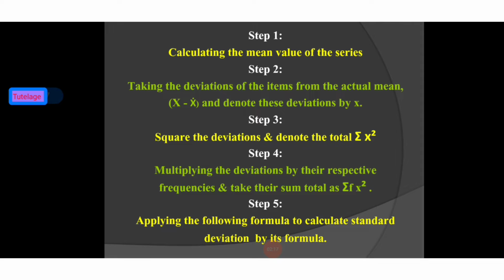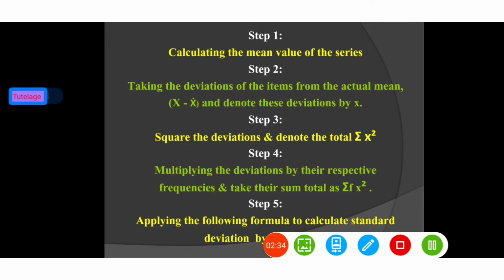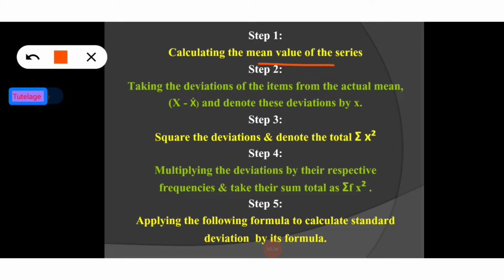Now move on to the next slide. Here we can see the steps for solving this particular problem. The first step is to calculate the mean value of the series, that is the average.